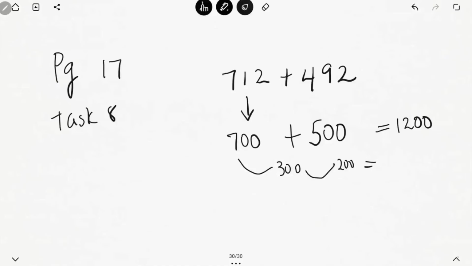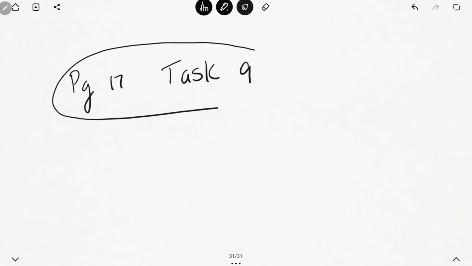All right, now can you go ahead and do page 17, task 9 or question 9. You go ahead and do that. Again, use the teacher's manual to get the answer, or have your parents work out the answer with you to make sure that you have the correct answers.